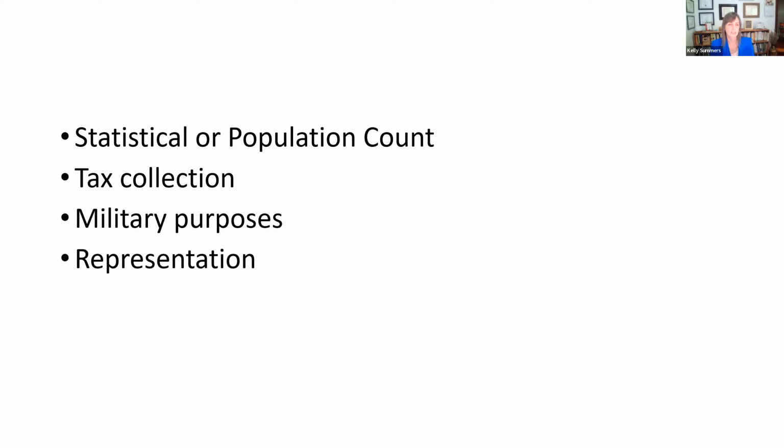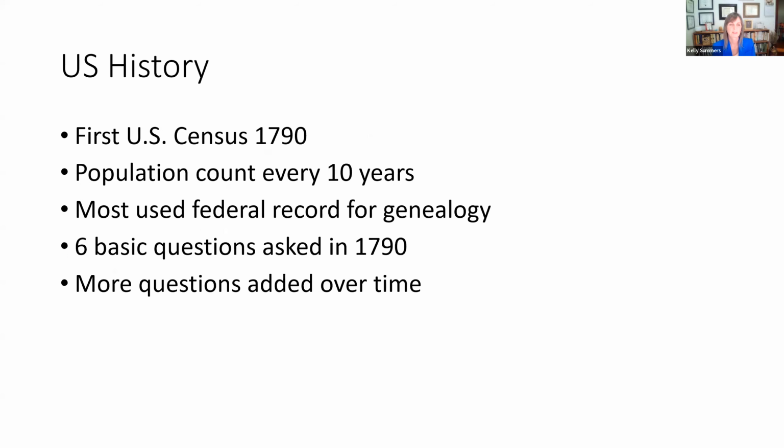Early on, it especially had to do with tax collection purposes and military purposes, trying to figure out, especially having come out of the Revolutionary War, how many men we have eligible and able to participate in a military conflict if needed. And then finally, an important one that we see often in modern days is representation.